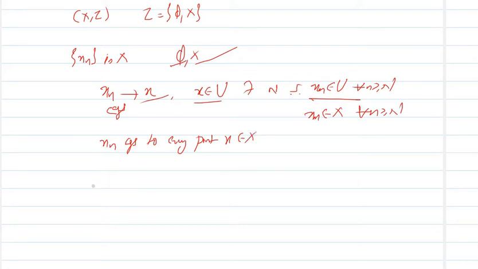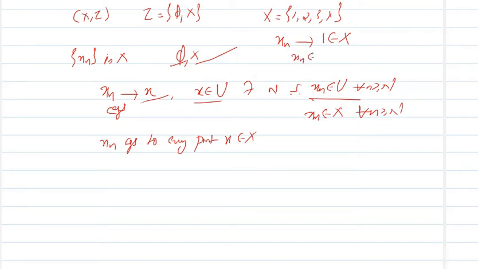Is that clear? If you are taking X as {1, 2, 3, 4}, then also I am checking whether xn converges to 1. How can I check xn converges to 1? I need to take an open set containing 1. Unfortunately, the only open set containing 1 is X itself.